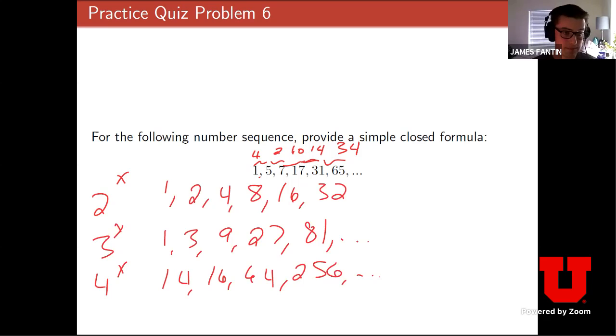And hopefully we can find a pattern between one of these. So does anybody notice some kind of pattern where we could use one of these exponentials to find this closed form that's matching close to what we have here?